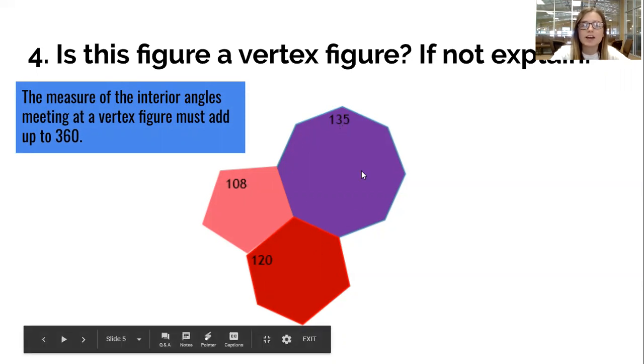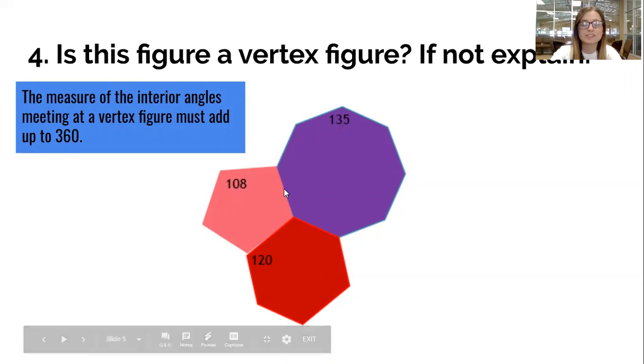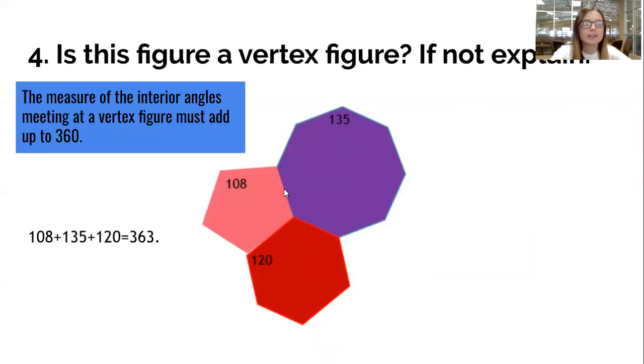So that means we have to add up our interior angle degrees and see if they equal 360. So if we add 108 plus 135 plus 120, that equals 363 degrees. That means that we have a 3-degree gap right here. So this figure is not a vertex figure.